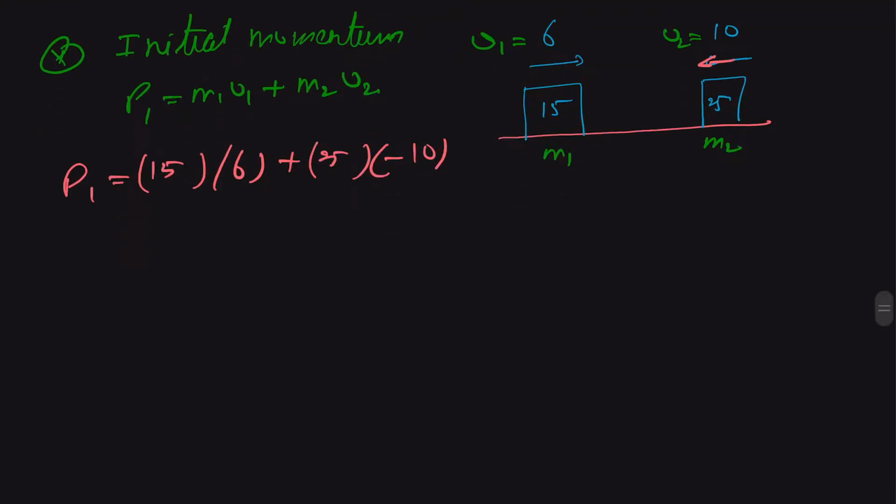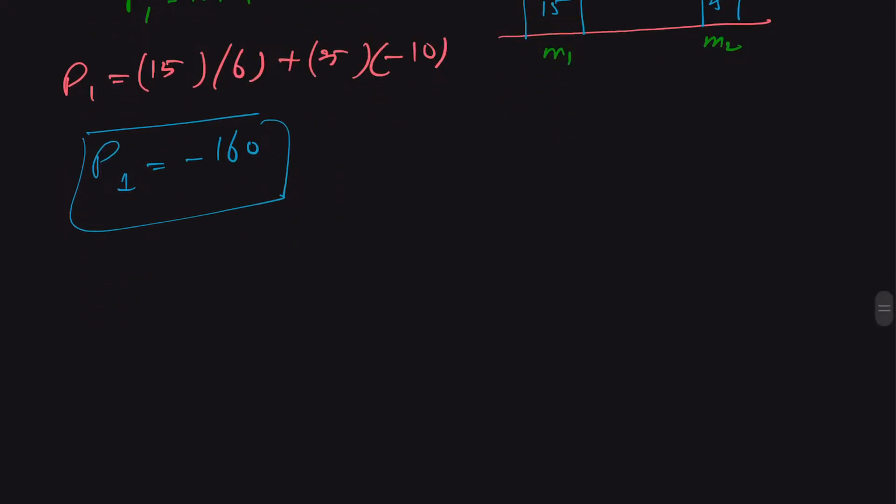Therefore we get that our initial P1 is equal to minus 160. And it is given that the collision is perfectly inelastic, so both will be moving together. So this will be 15 plus 25. Let us suppose the common velocity is v.